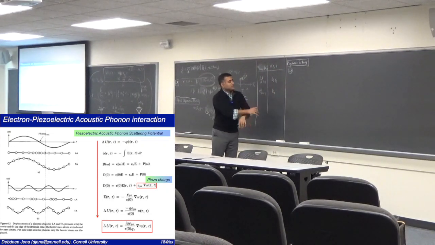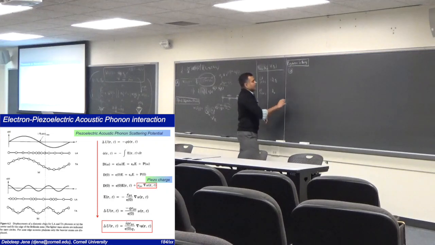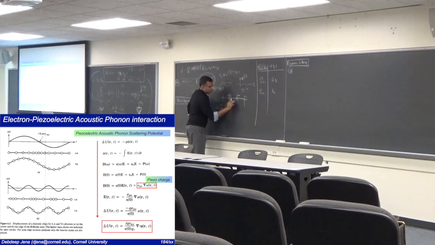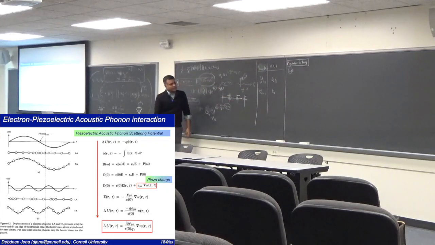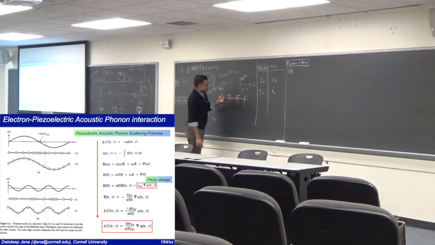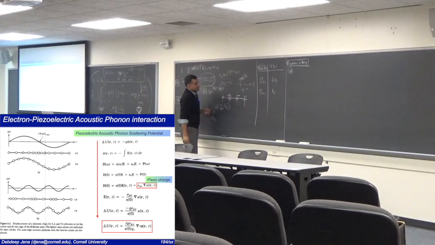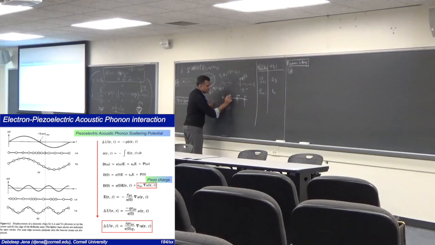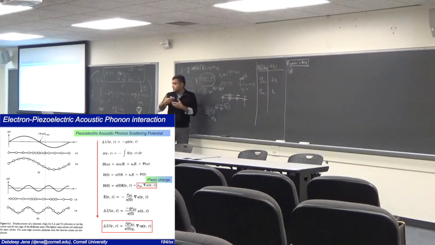Now the phonon causes vibrations, and you can imagine that if these atoms were slightly positive and slightly negative alternating, and you have a wave of compressive and tensile strain going through, then microscopically you have positive and negative dipoles.